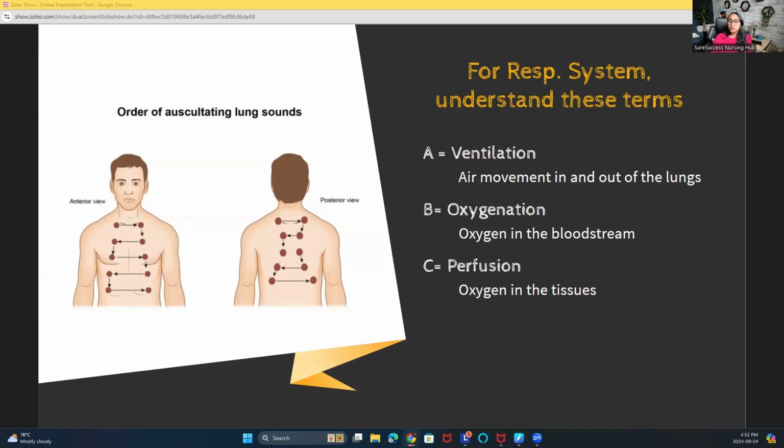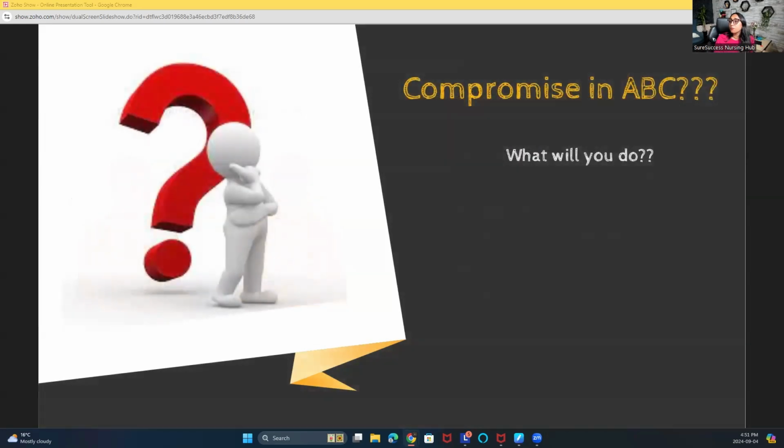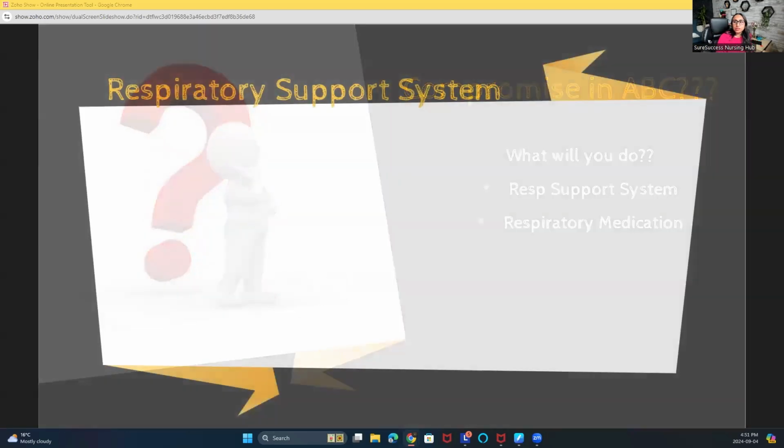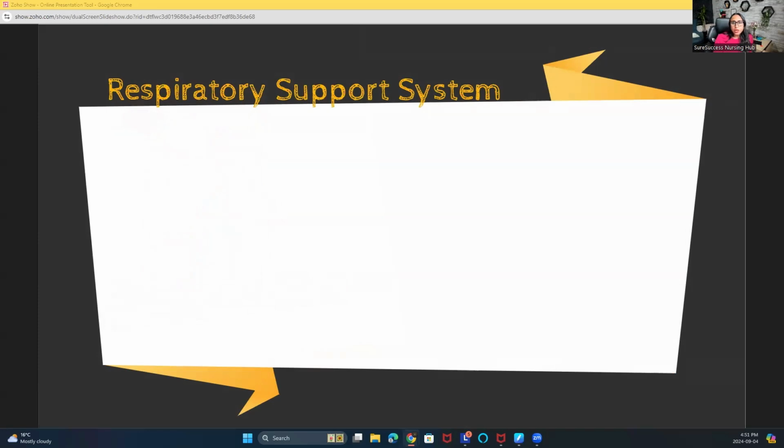You are going to discuss with me that, Alveen, I'm going to give this medication, I'm going to do this thing with this patient. Okay. Now with any compromise in the patient's ABC, what we normally do is either we give the medication or we give the respiratory support system. Okay. We are going to discuss the respiratory support system.